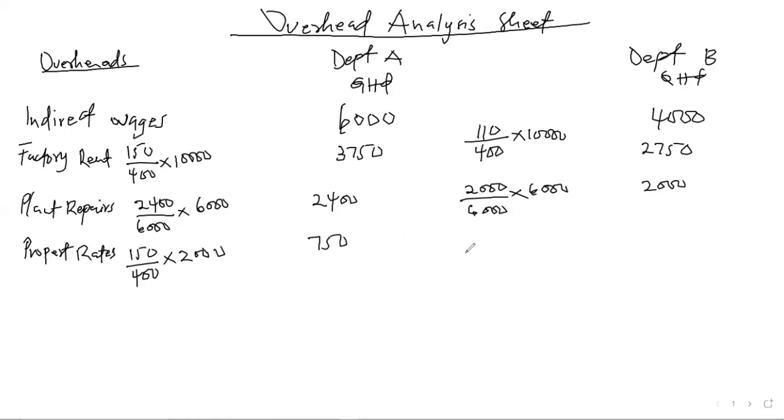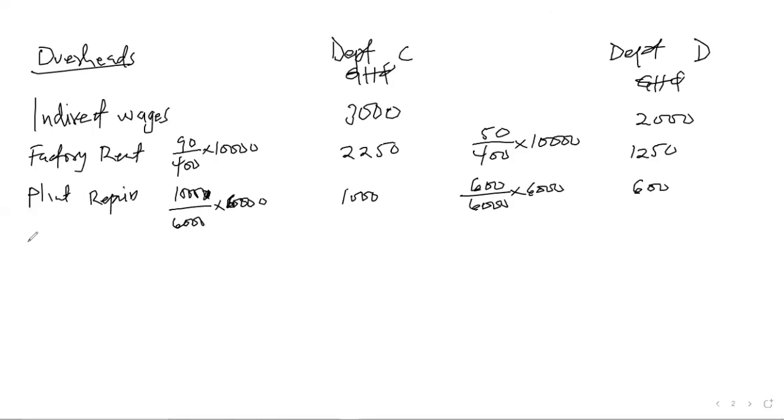The next is 110 over 400 times 2,000, which will be 550. The floor area for department C is 90.